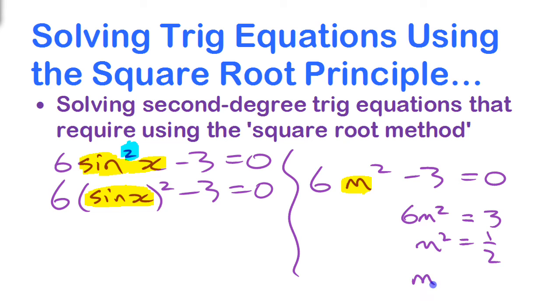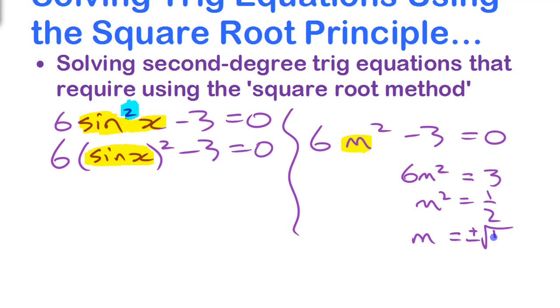And you'd take the square root of both sides. You get m is plus or minus the square root of a half. Sometimes it's helpful to say that the square root of that 1 on top is 1, so it's 1 over the square root of 2. Then in this case you'd be done.